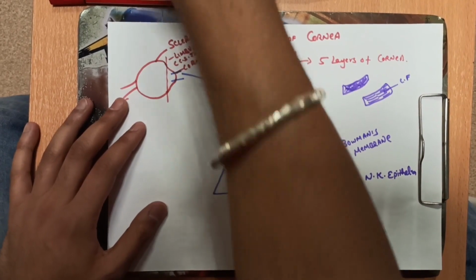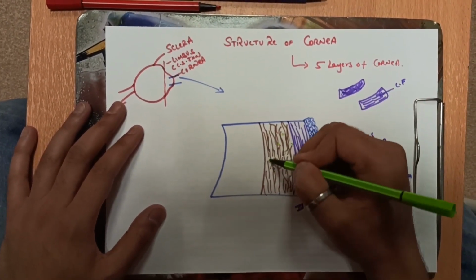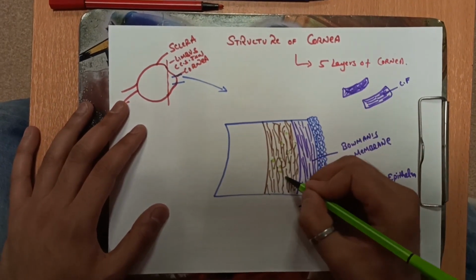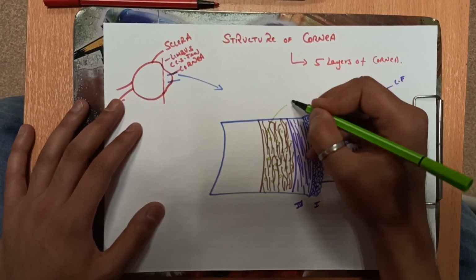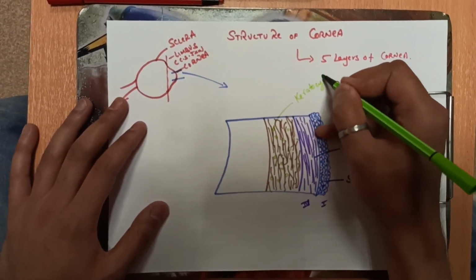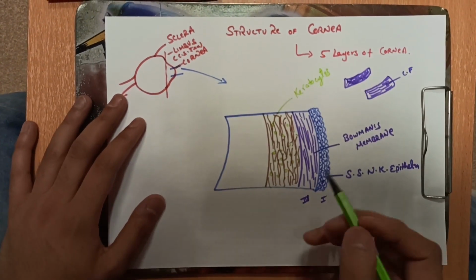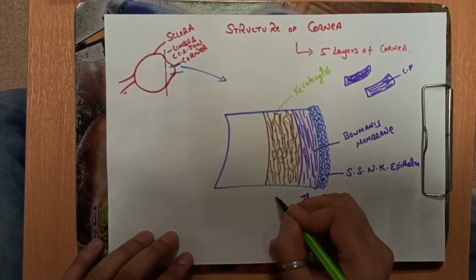These are small cells, and you can see these are not actually green cells, but I am just indicating them by a green sketch. These are called keratocytes. This is the first layer, this is the second layer, this is the third layer.